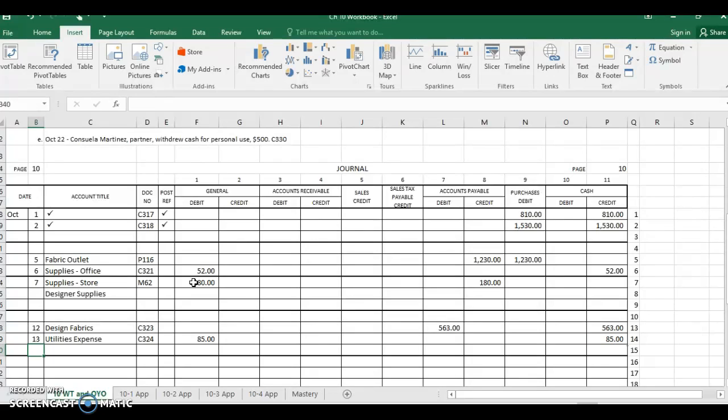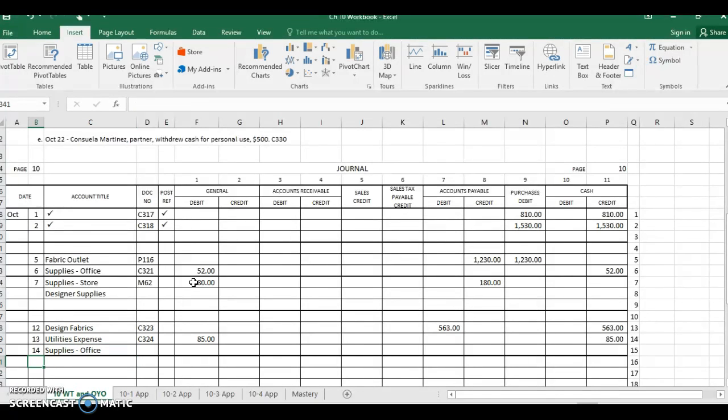Okay, now the 14th. We did this last year towards the end, so you might be a little bit rusty on that, but we are replenishing our petty cash. Okay, so this is one of the big ones. So you put the date. All right, they told you replenish petty cash for office supplies, store supplies, advertising, and miscellaneous expenses. Okay, so what you do first is you list each of those accounts in the same order they gave it to you, just so it stays organized.